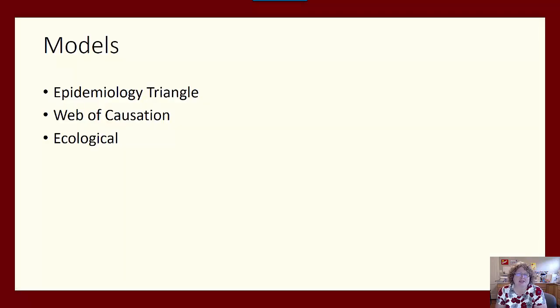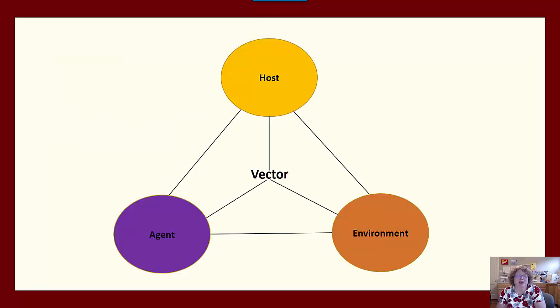There are several models of epidemiology. The three that we're going to talk about are the epidemiological triangle, the web of causation, and the ecological model. This is the epidemiologic triangle. And here, it's kind of a two-dimensional approach.